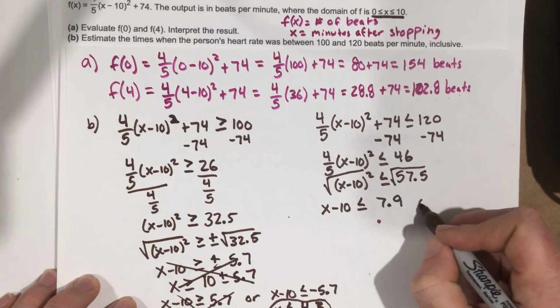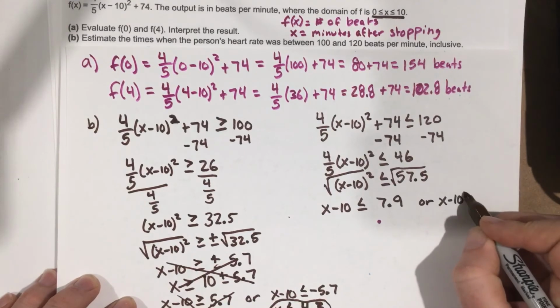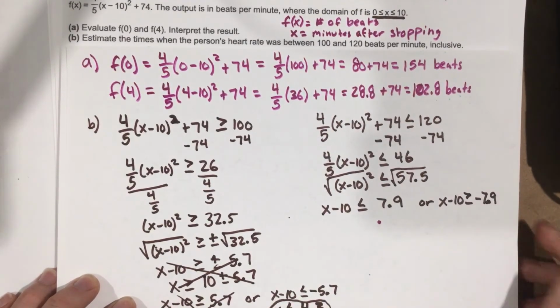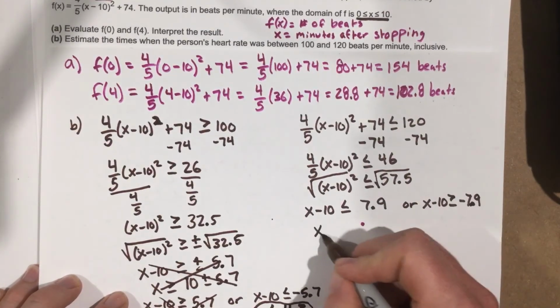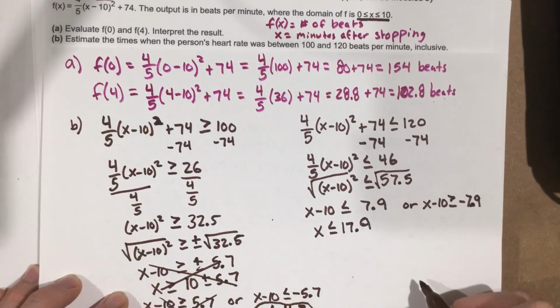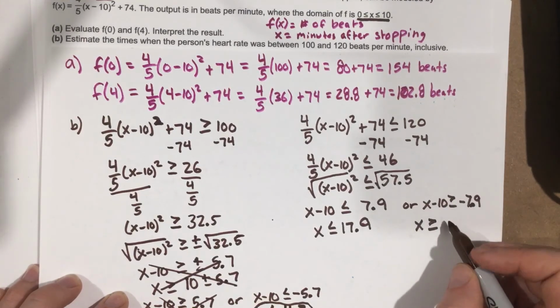And the other version, we're going to have x minus 10 greater than or equal to negative 7.9. Add 10 over and you see x is less than or equal to 17.9. And add 10 over, we get x is greater than or equal to 2.1.